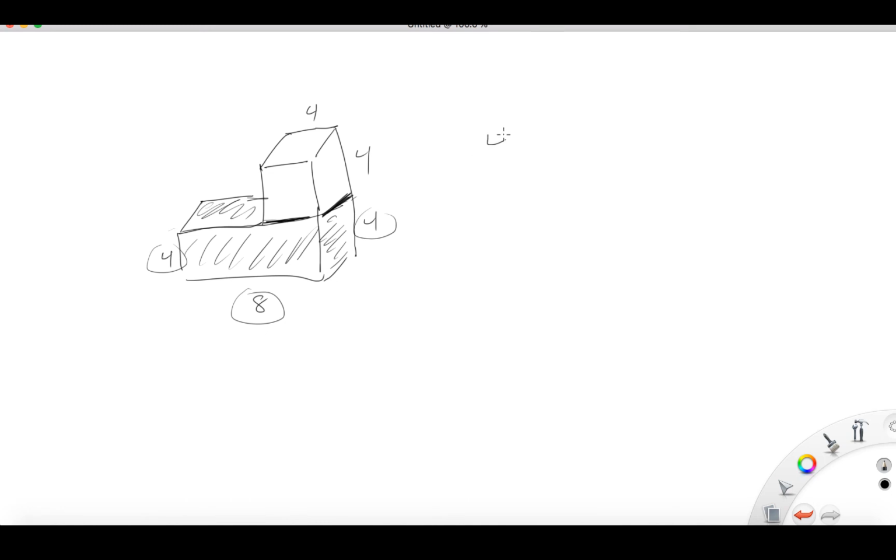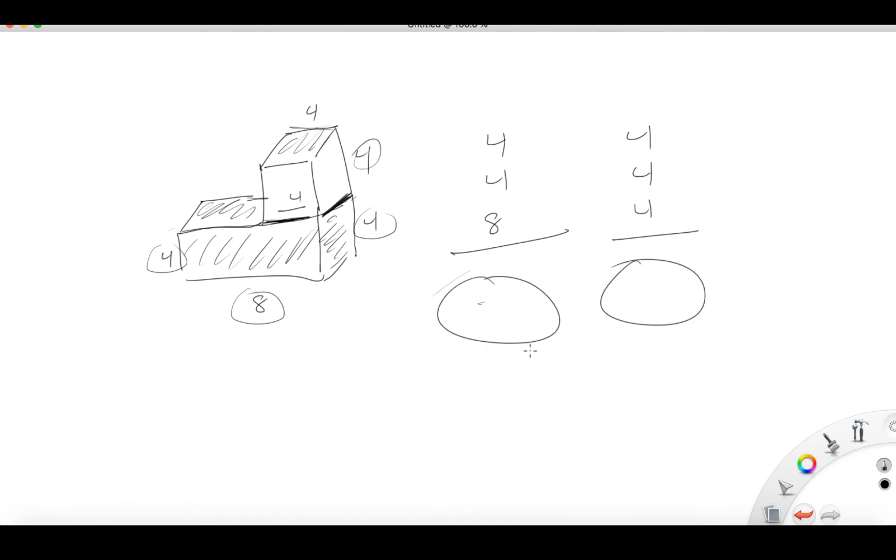So 4 times 4 times 8, that's the bottom. And then to solve the top, I know that it's 4 high, I know that it's 4 wide, and I know that it's 4 deep. So 4 times 4 times 4. When I add both of these up, I have the total volume.